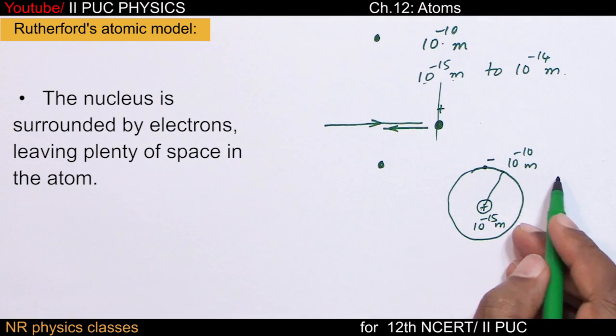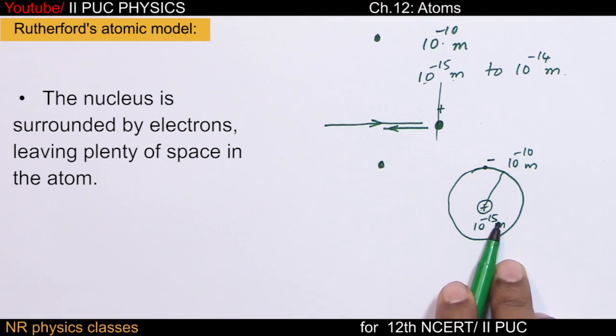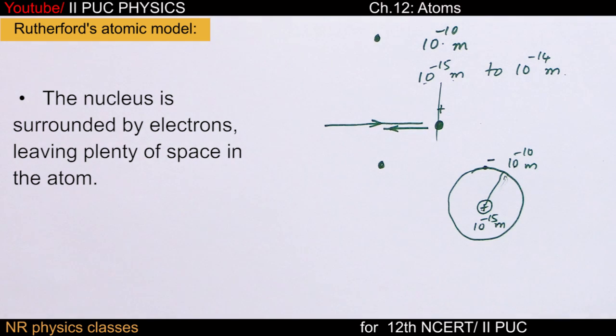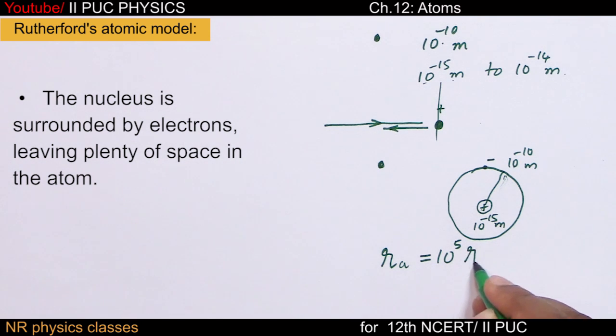Students, give attention: 10 power minus 15, 10 power minus 10. This distance is about 10 power 5 times. Means the radius of the atom should be 10 power 5 times the radius of the nucleus.